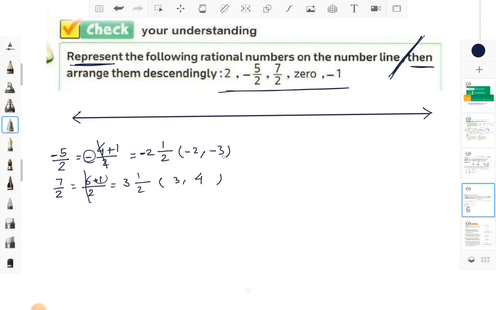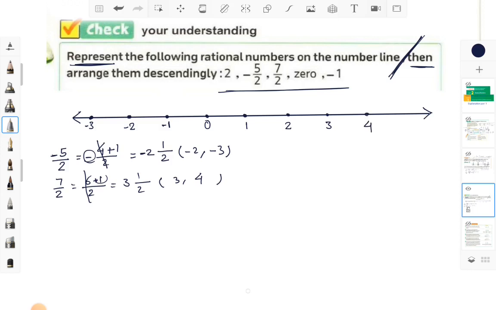The smallest integer here is negative 3, so we put negative 3 here. The same distance for negative 2, the same distance for negative 1, the same distance for 0, the same distance for 1, the same distance for 2, the same distance for 3, and the same distance for 4.